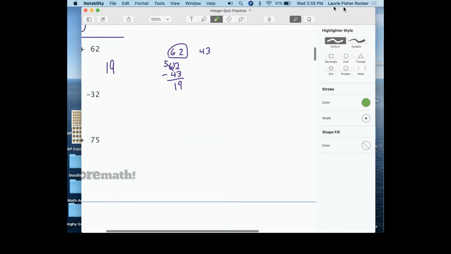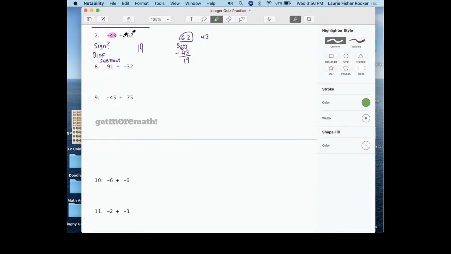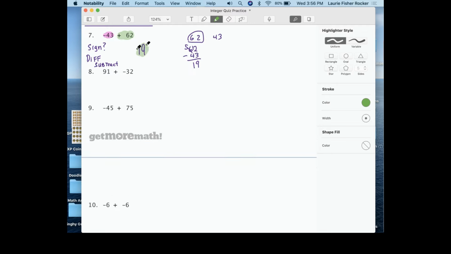So these are green tiles. Okay. So I had negative 43 and I have positive 62. Do I have more red or more green? Like if I cancel some out, would I have more green left over or would I have red left over? Well, the 62 was bigger and the 62 was positive. So in that case, I would have had 19 green tiles left over when they canceled out.